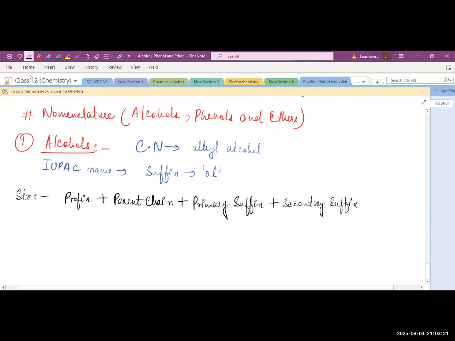So that's the whole structure for naming any alcohol.